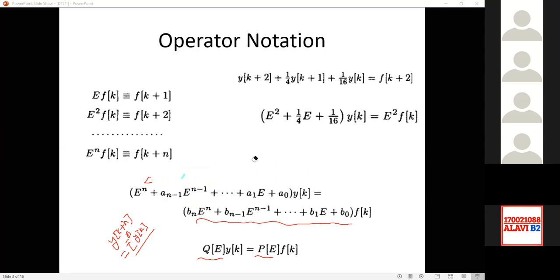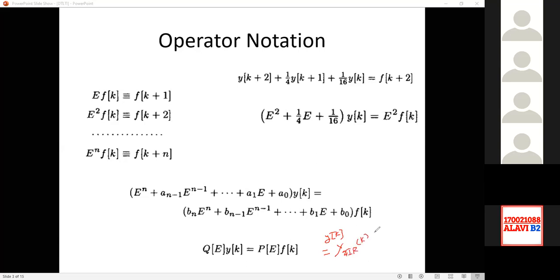Now the thing is how to proceed with the solution. Once we have this equation for a particular system, our step will be what? We have to find yk, the solution of the output. Then you know that your yk has two parts. One we call y_ZIR, that means zero input response, isn't it?